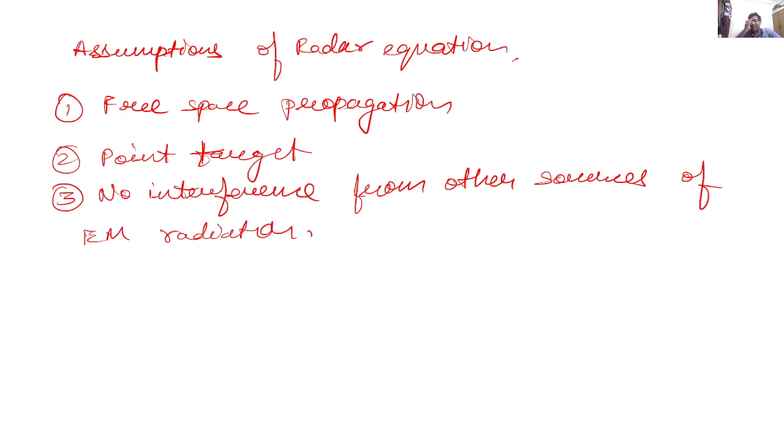But again, let us suppose you have an active microwave remote sensing system, and you are near a transmission power line, your results will be very faulty because there would be some sort of interference. The radar equation does not take that into consideration. Finally, it also considers that the environment is homogeneous.